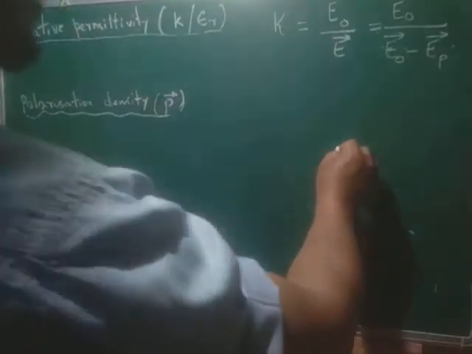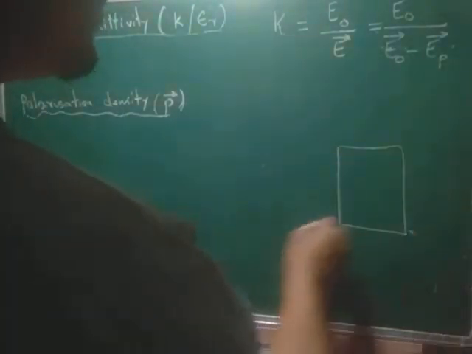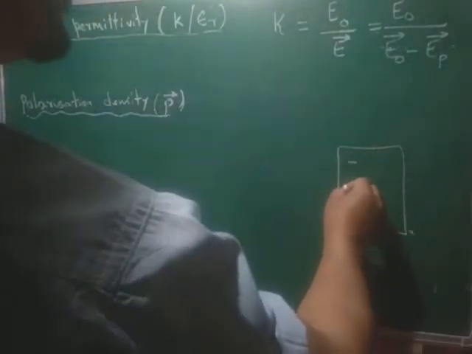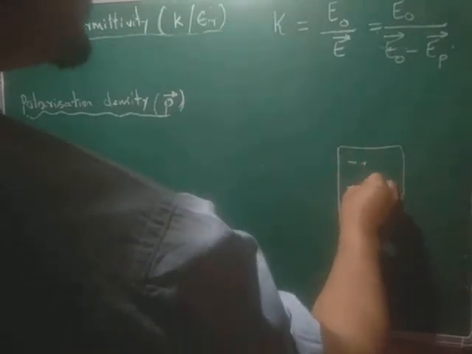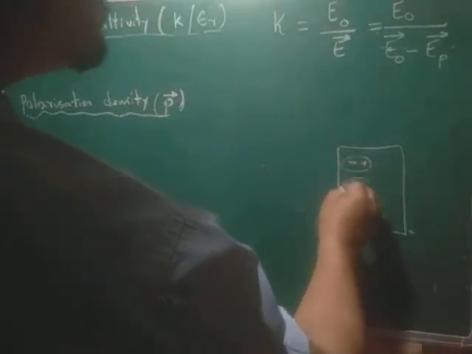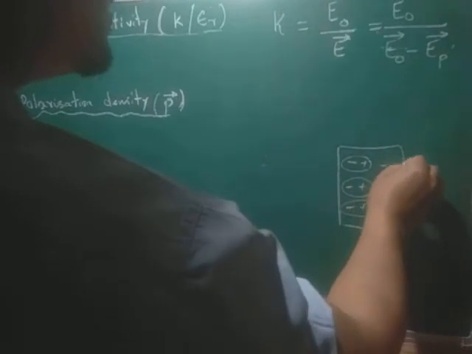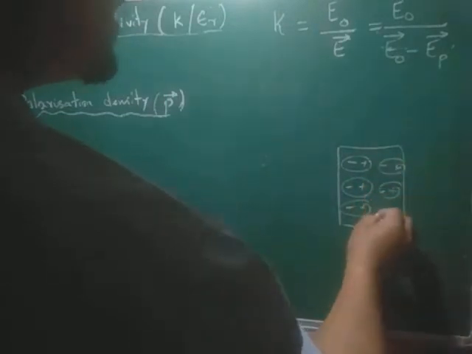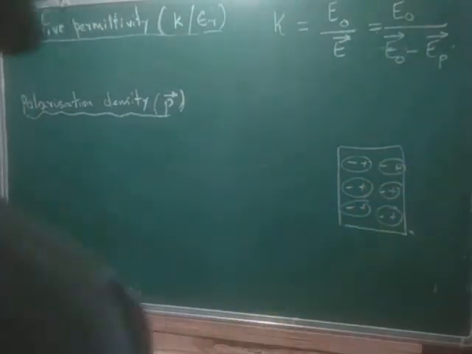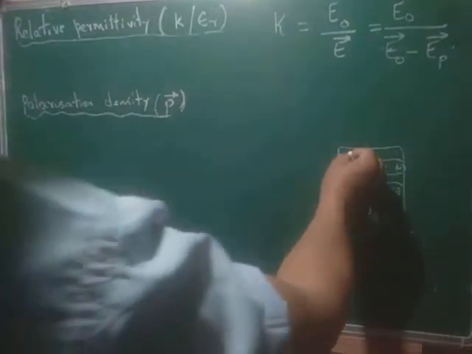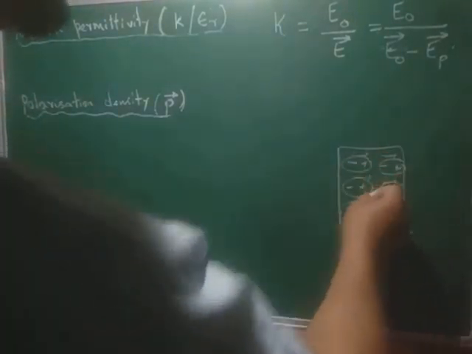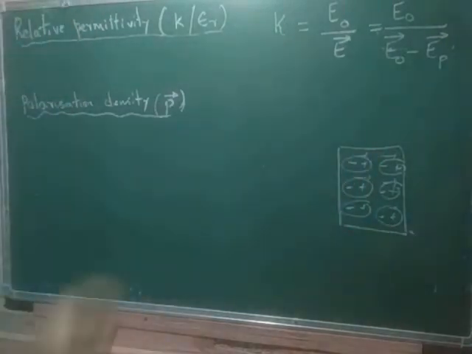If this is my dielectric, which consists of molecules, and each molecule has an electric dipole moment, then the dipole moments of these molecules in a unit volume of the dielectric is known as polarization density.